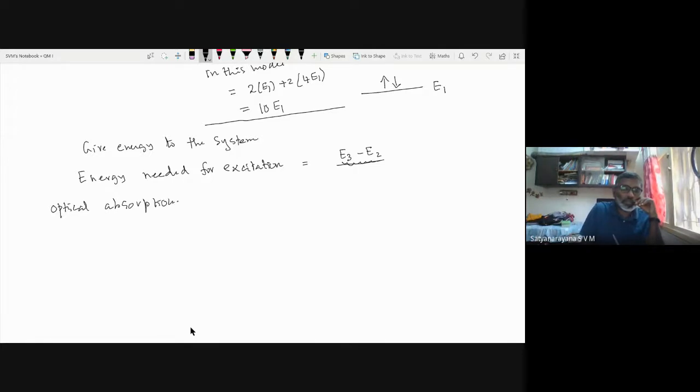You go on giving electromagnetic radiation of varying frequencies. When the energy of the electromagnetic wave is equal to the energy required for excitation, the excitation takes place, so the energy from the electromagnetic beam will be absorbed. Otherwise, it will be simply transmitted.